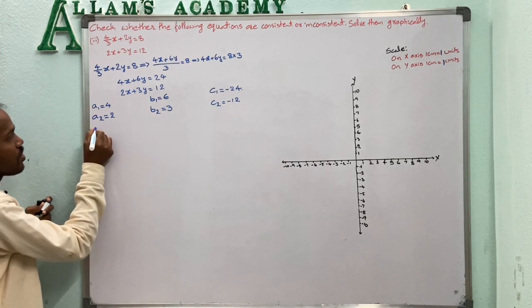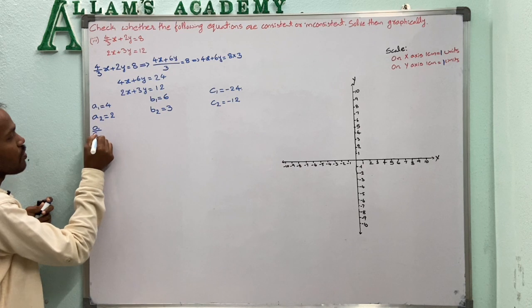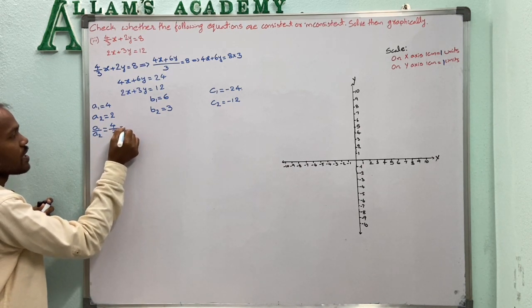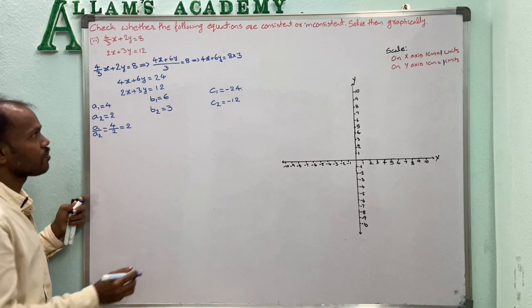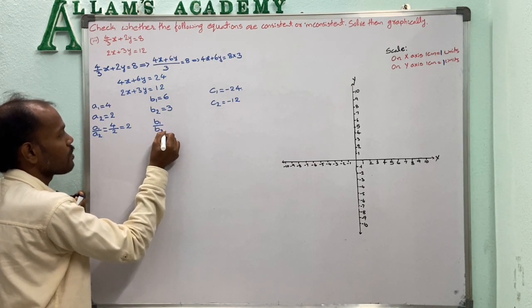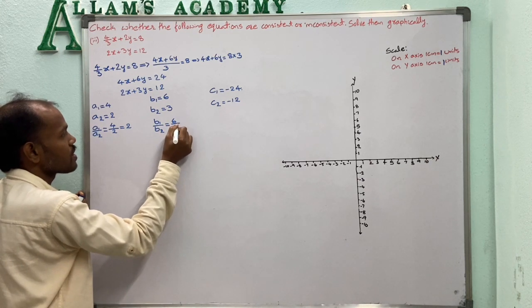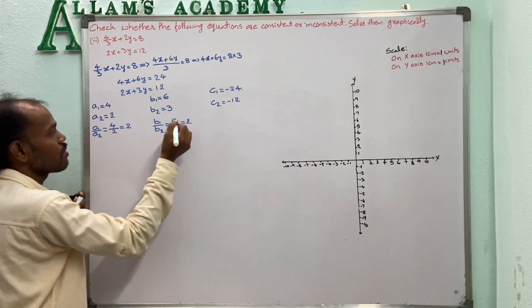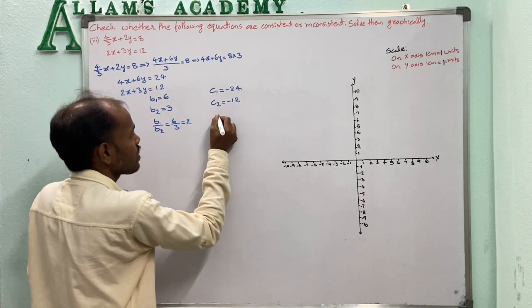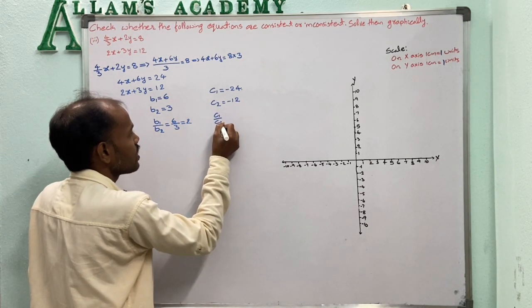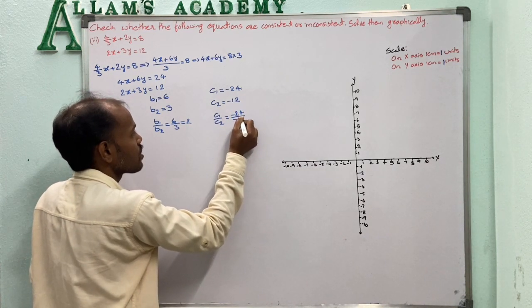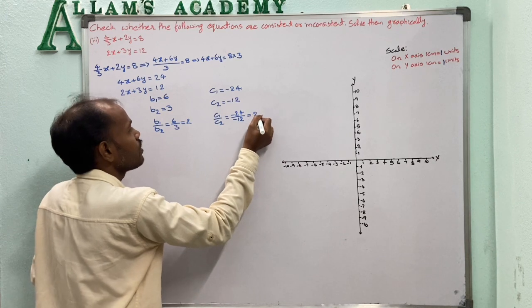Now the ratio of x coefficients, a1 by a2, equals 4 by 2, which is nothing but 2. The ratio of y coefficients, b1 by b2, equals 6 by 3, which equals 2. Next, the ratio of constant terms, c1 by c2, equals minus 24 by minus 12, which is also 2.